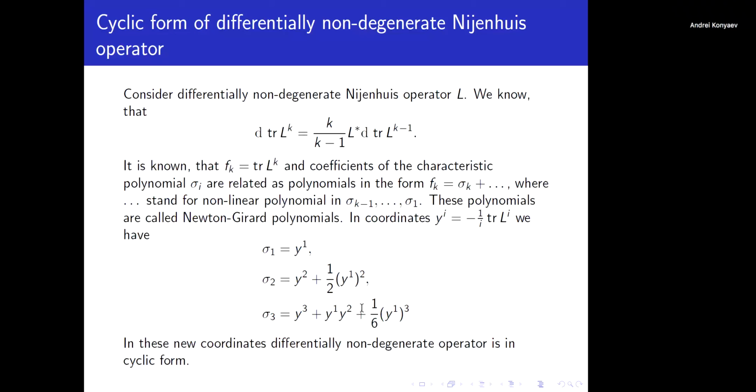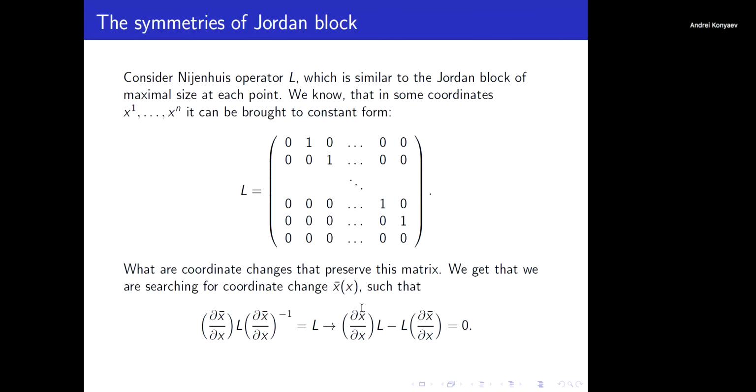And to end this, we discuss the last topic. We were supposed to discuss it earlier, I think, but I had to move it because we had a large theorem to prove. And this is the symmetries of the Jordan block. You recall that for the constant diagonal Nijenhuis operator with constant eigenvalues, semi-simple, the symmetries are governed by n functions of a single variable.